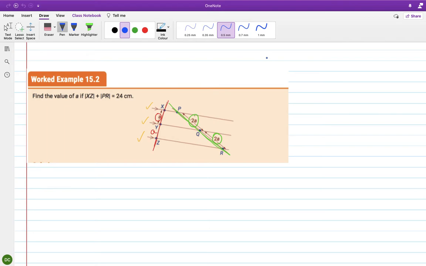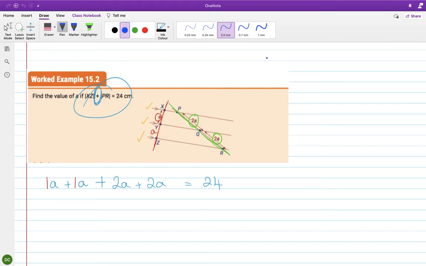Okay? And it says that XZ, which is A plus A, plus PR, which is 2A plus 2A, equals 24. Okay, so those A's have invisible ones.